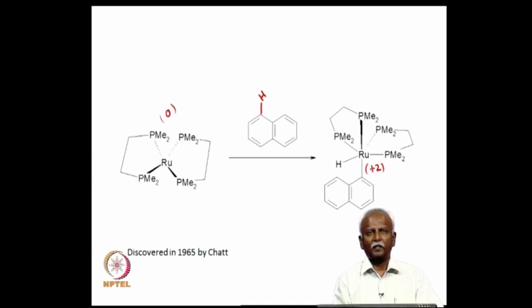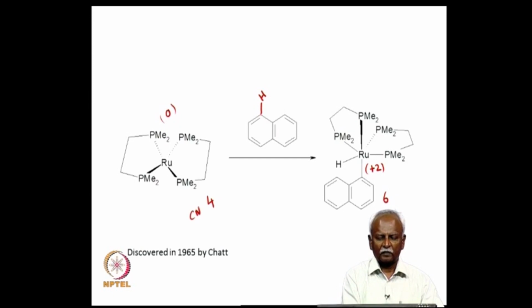But notice once again, in the final compound, the coordination number has changed from 4 to 6, and the oxidation state has increased by 2 units, and 2 non-polar groups have been added to the ruthenium. In this particular case, hydrogen and a naphthyl group.